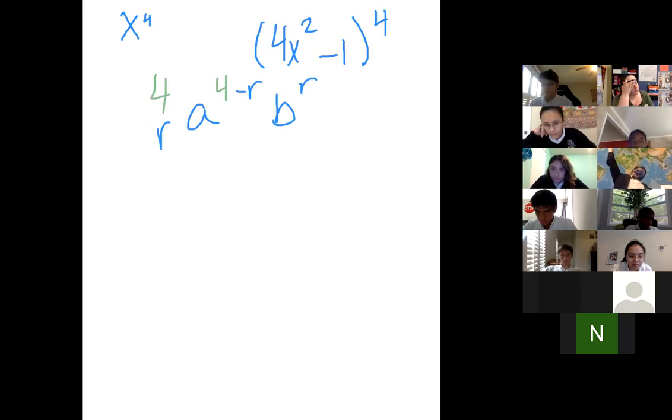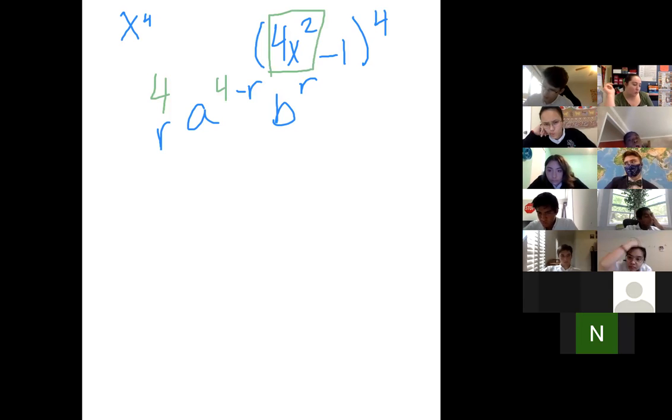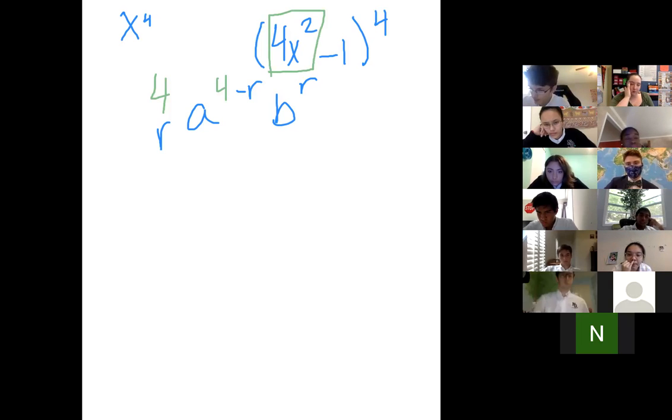Okay, so I want my term to be x to the fourth. So I want whatever I multiply this by, whatever power I raise it to give me x to the fourth. What power do I need to raise it to in order for that to give me x to the fourth power? 2.